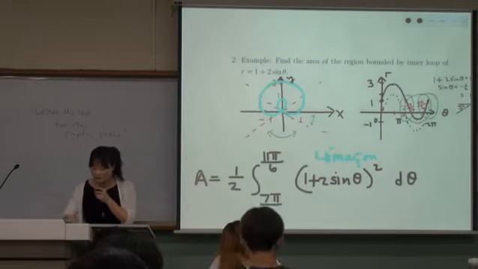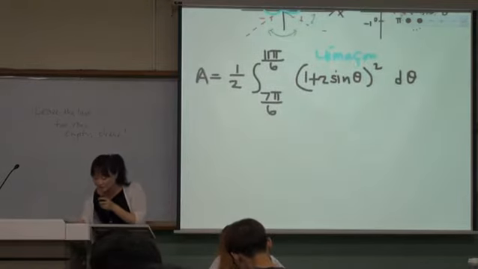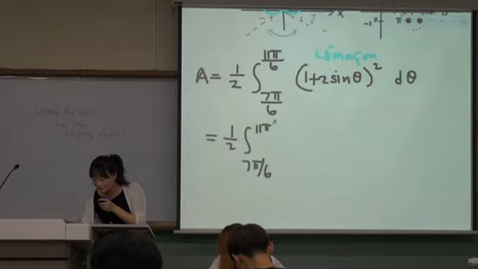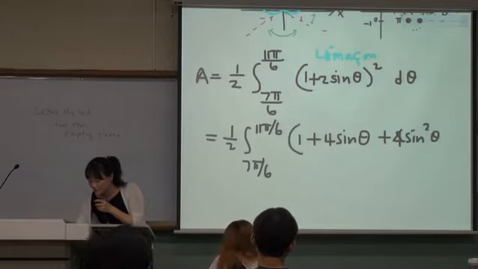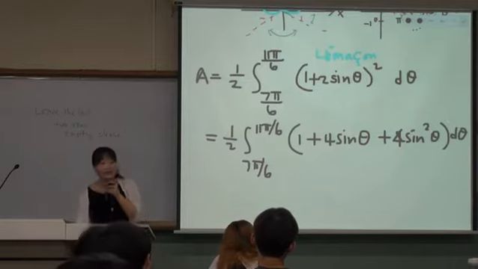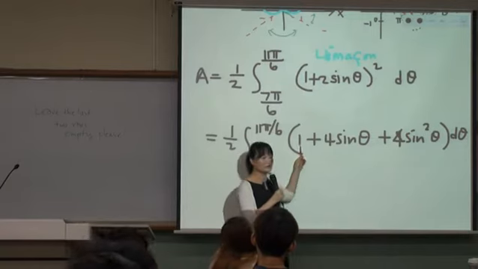Okay. So since we have done calculus 1, we're all experts in integration. 7 pi over 6, 11 pi over 6. We get 1 plus 4 sine theta plus 4 sine squared theta d theta. Everyone agree?